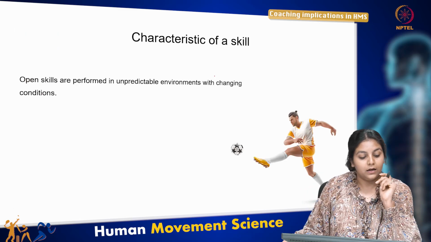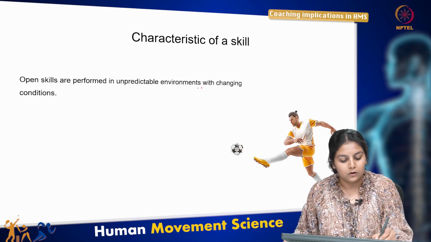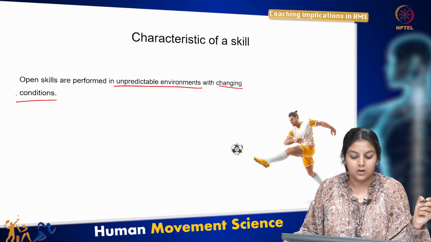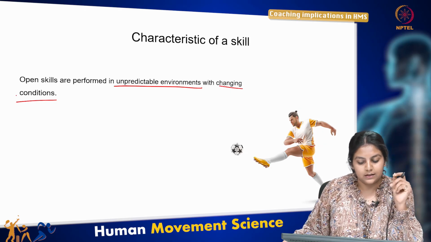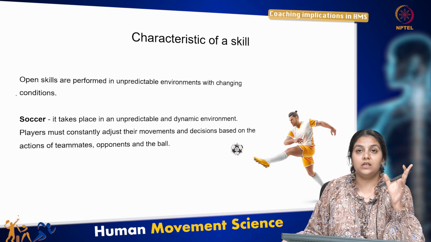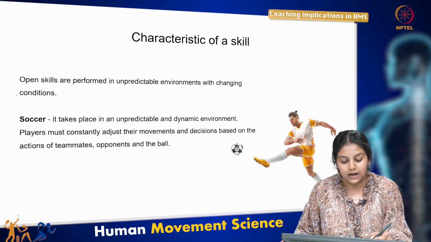On the other hand, open skills are performed in an unpredictable environment with changing conditions. Now what these conditions are, let's look at a few examples. Soccer, for example, takes place in an unpredictable, dynamic environment.